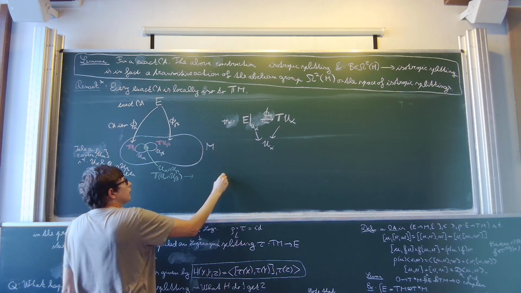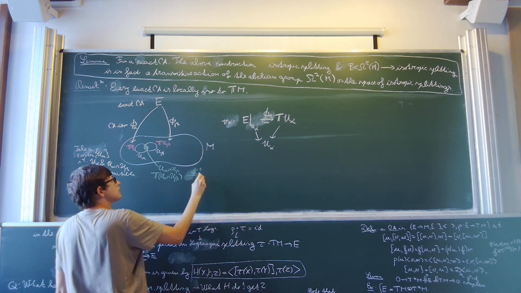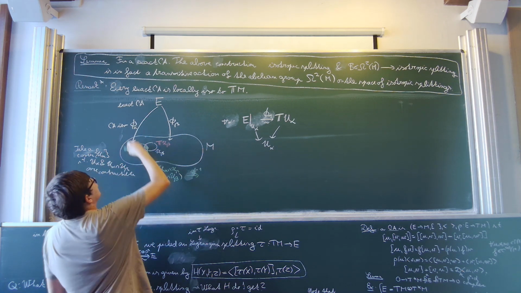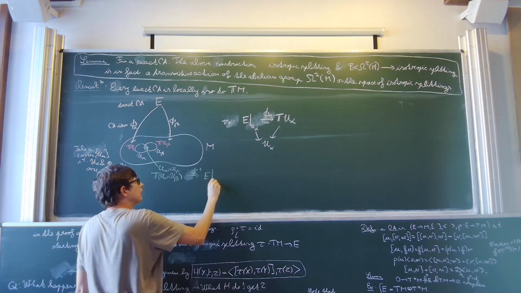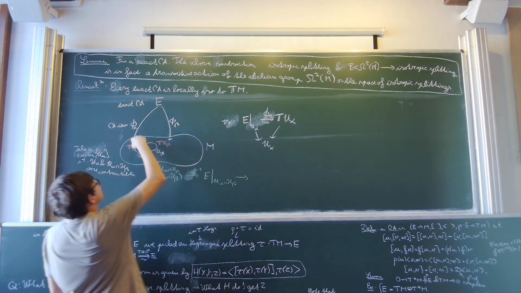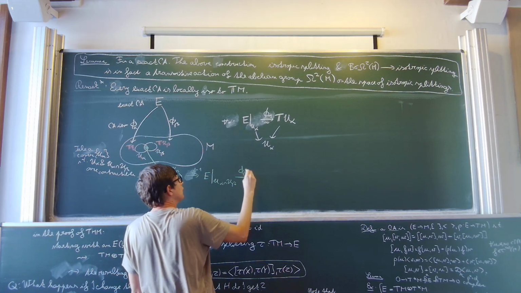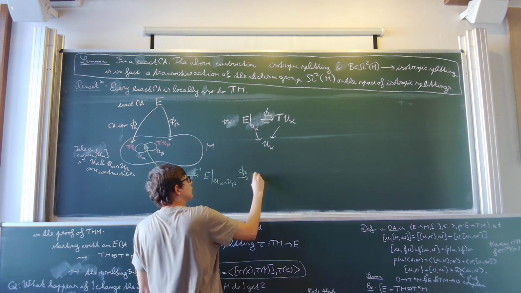So I can take phi alpha inverse, and I can end up with E that was restricted over that, and then I can use the second arrow to come back. So then I use phi beta to go to the same thing.